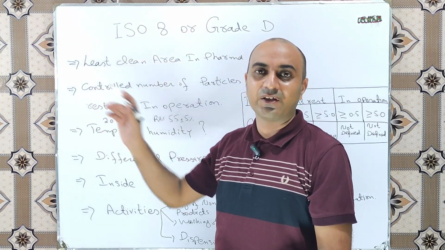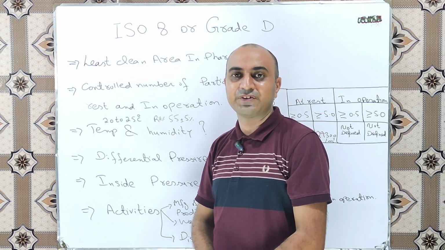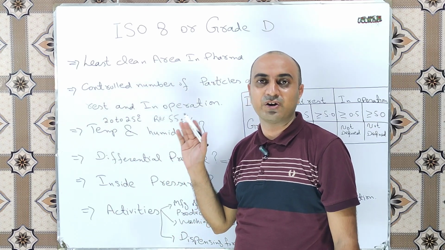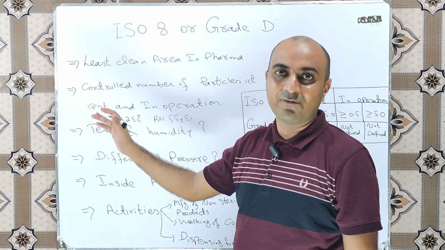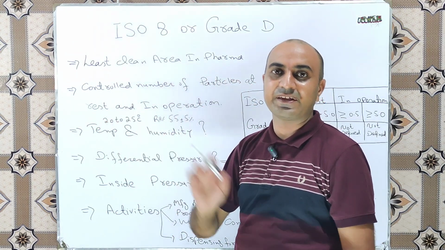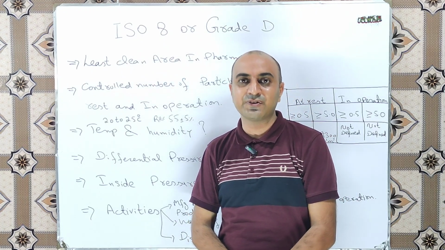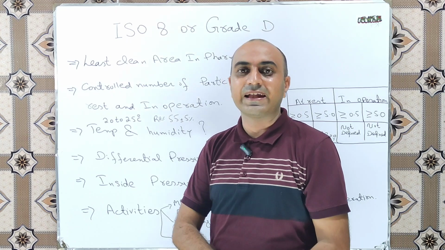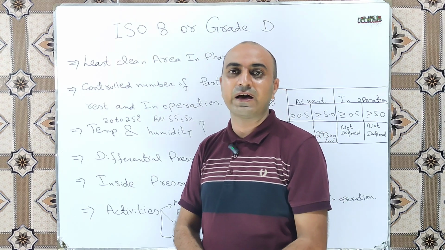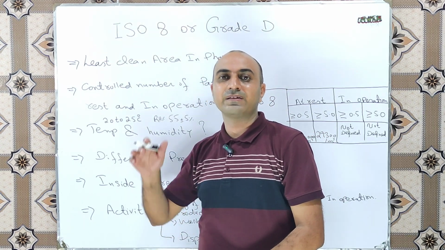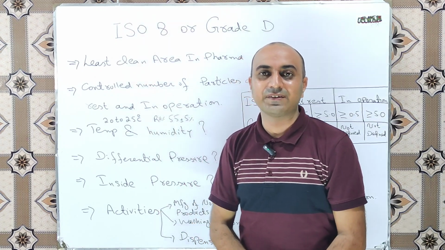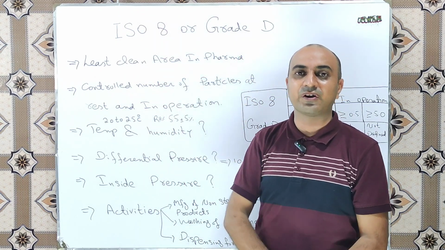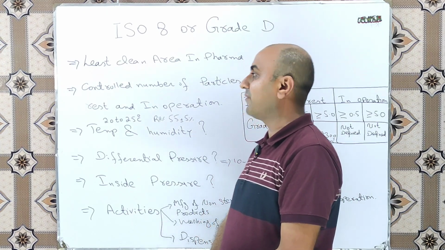The first one is ISO class 5, then ISO class 6, 7 and 8, or grade A, grade B, grade C or grade D. ISO class 5 or grade A is the cleanest area, where we perform the critical activities of sterile products like the filling and sealing of ampoules and vials. But the question is which activities are performed in grade D, and what are the requirements for grade D? So now let's start our video.